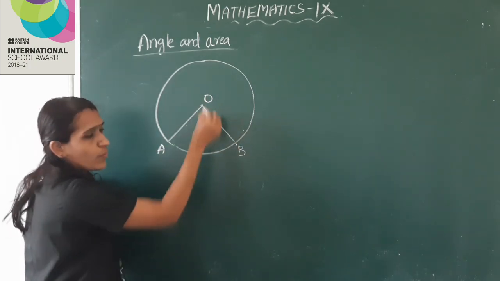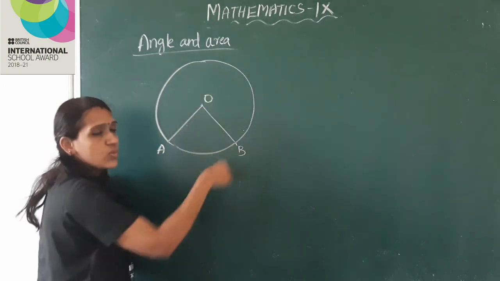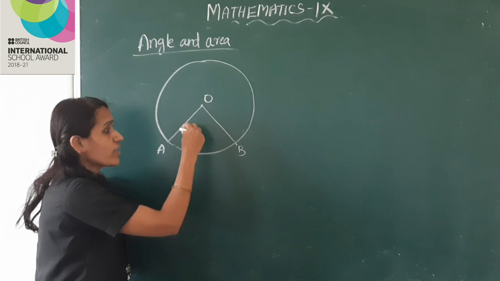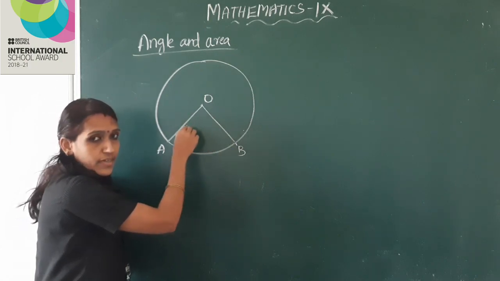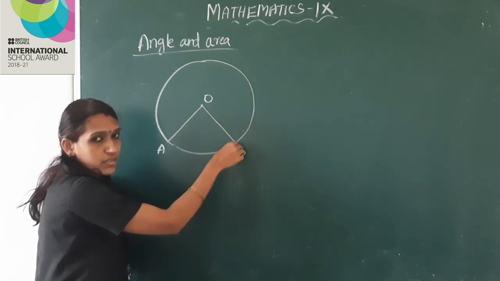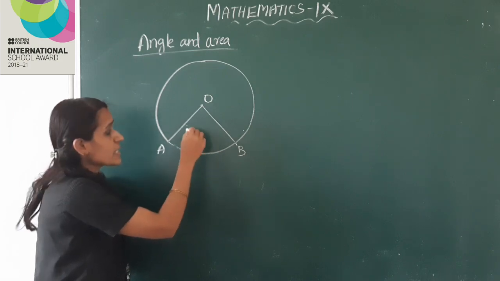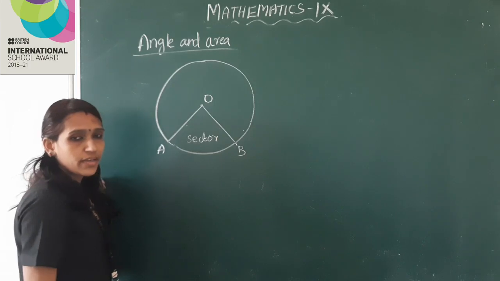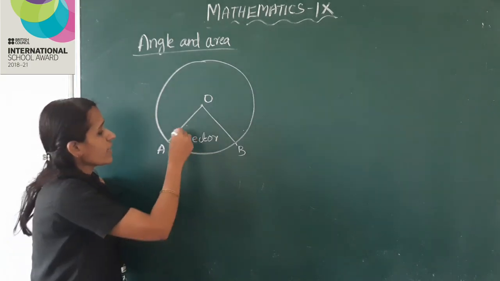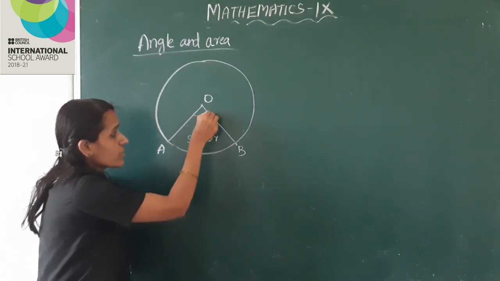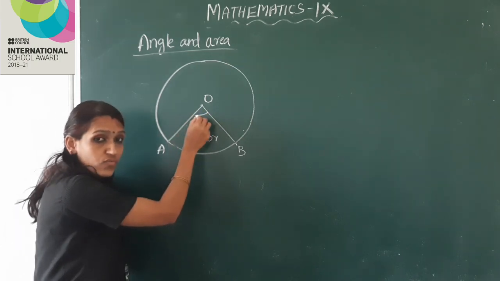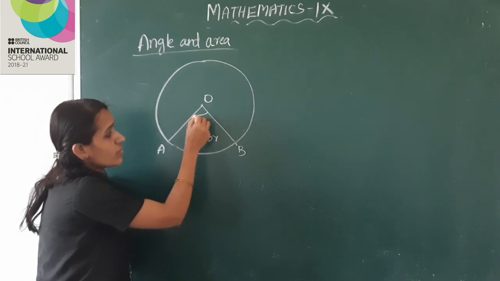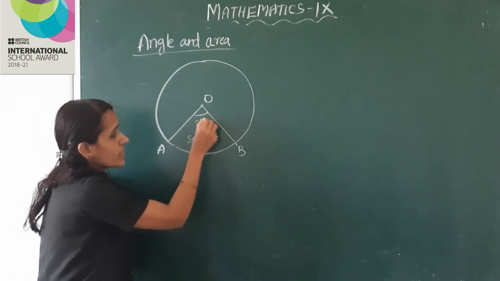OA and OB are radii of the circle. Any part of a circle bounded by 2 radii and the corresponding arc is called a sector of the circle. The central angle of an arc is the central angle of the sector. Mark the central angle as x degree.